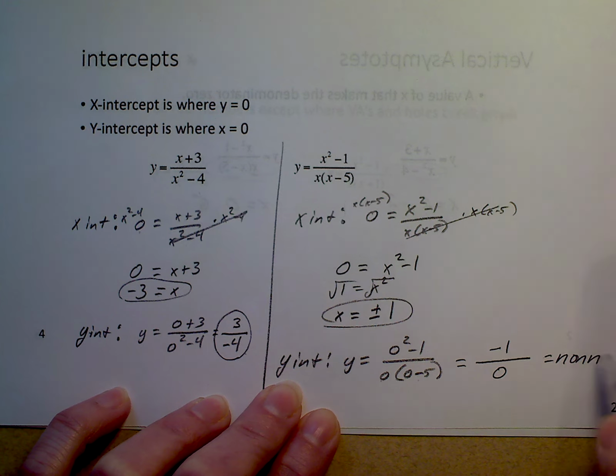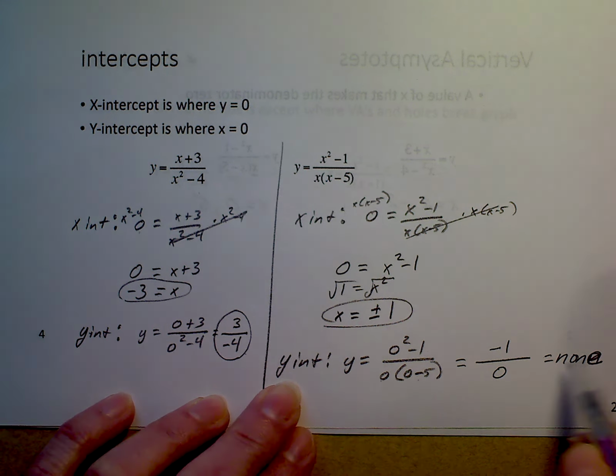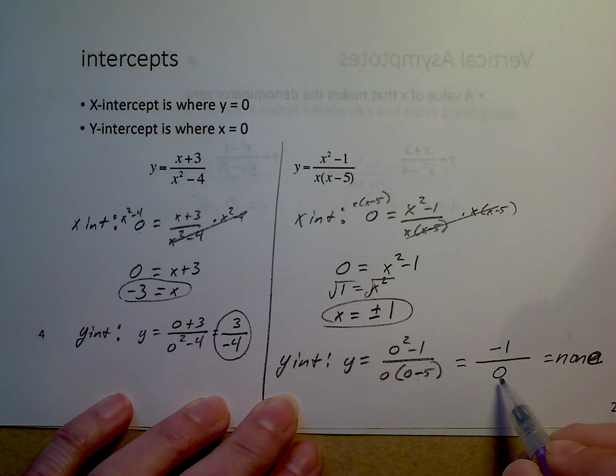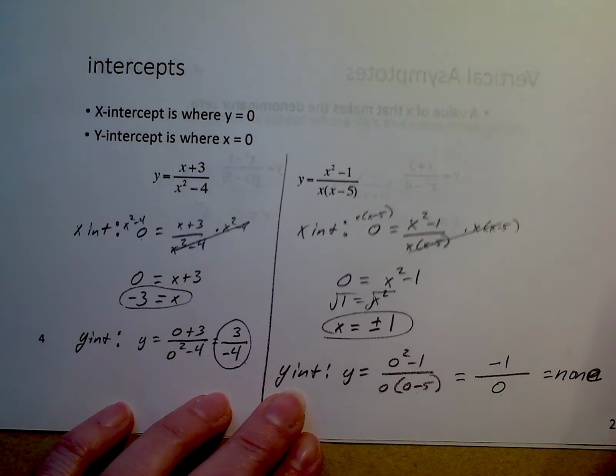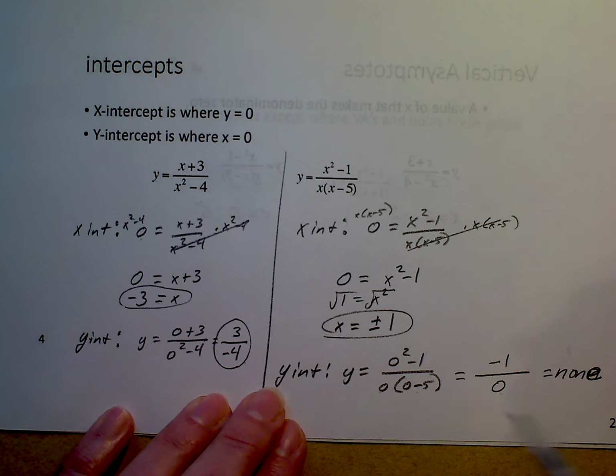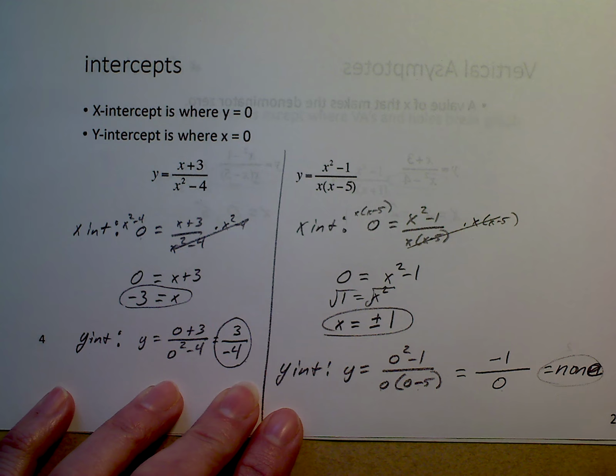None. No, oh boy, not none. There are no y-intercepts because this is not a number. We can't do that. Okay, the whole world will explode. As bad as it is, we don't want it exploding. All right, so no y-intercept. So putting all these ideas together is going to give us our graph.